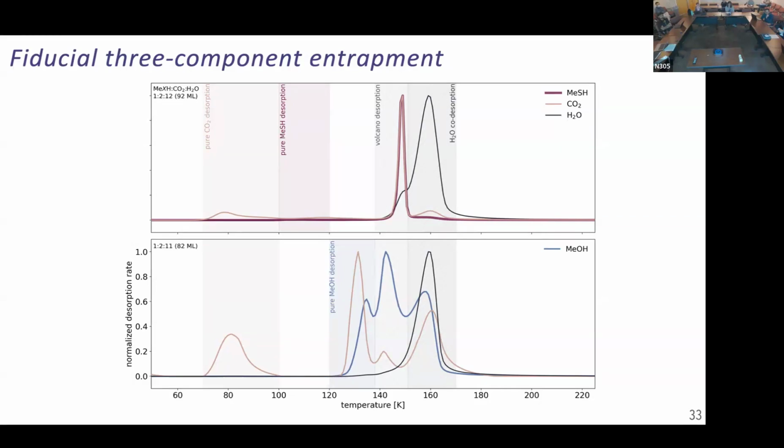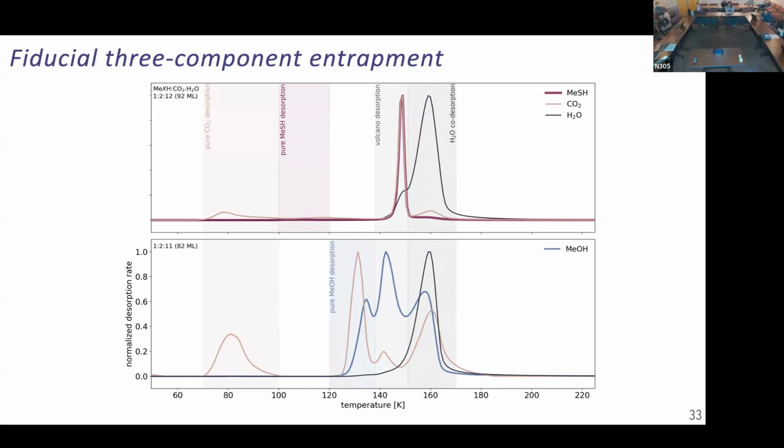What's really surprising here, that we note immediately, is that nothing is coming off for methanol at its pure desorption temperature. All of it is coming off at what we call volcano desorption, and this volcano desorption has to do with the ice matrix restructuring. That's shown by this little bump over here.